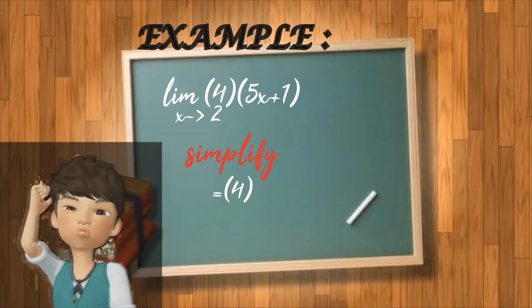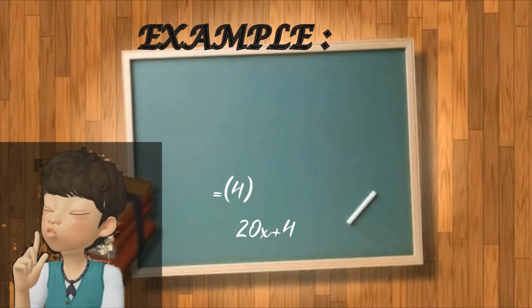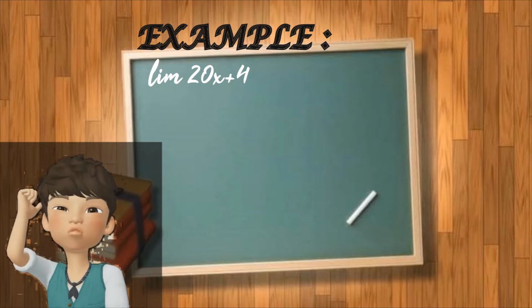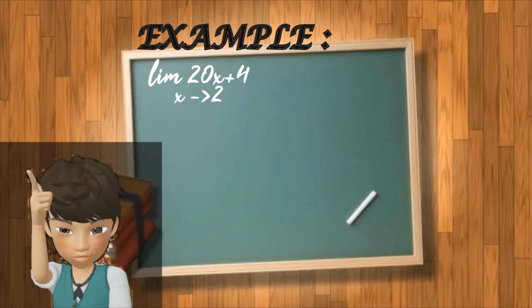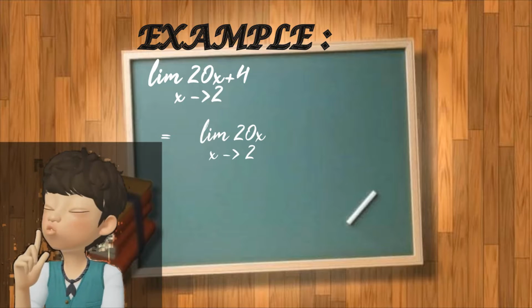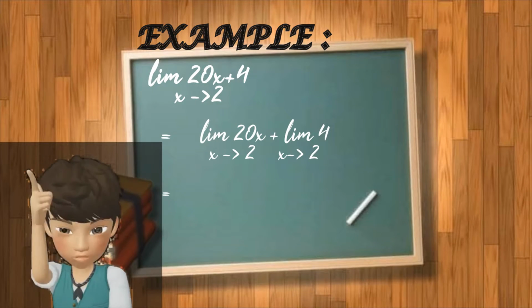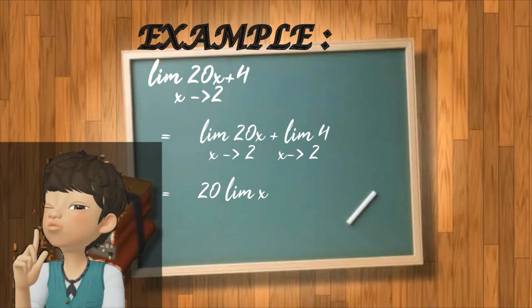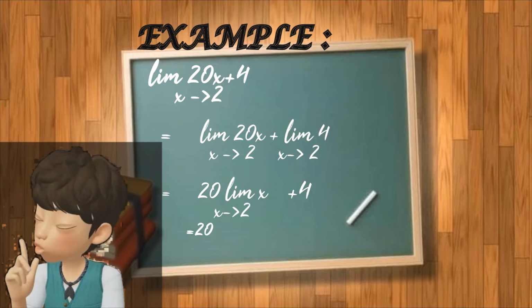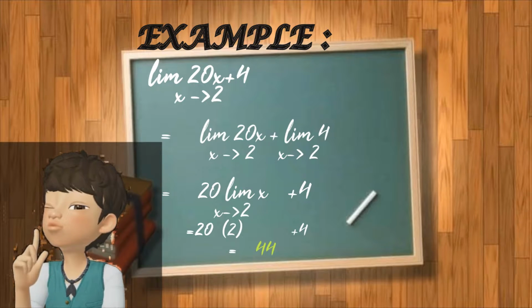Simplify. 4 distributed to 5x plus 1 is equal to 20x plus 4. The limit of 20x plus 4 as x approaches 2 is equal to the limit of 20x as x approaches 2 plus the limit of 4 as x approaches 2, which is equal to 20 times the limit of x as x approaches 2 plus 4. 20 times 2 plus 4 is equal to 44.